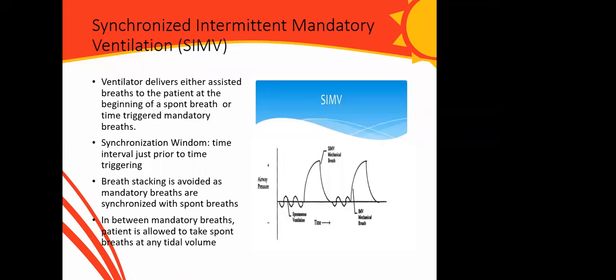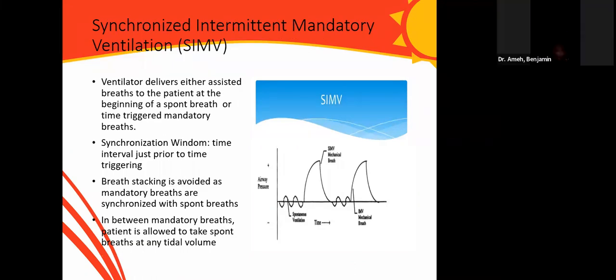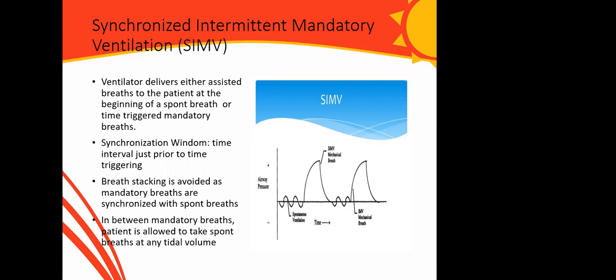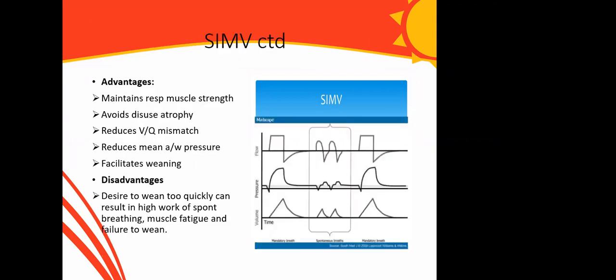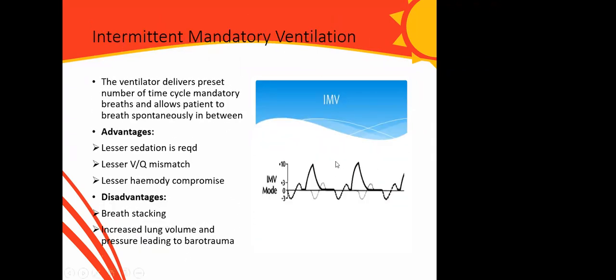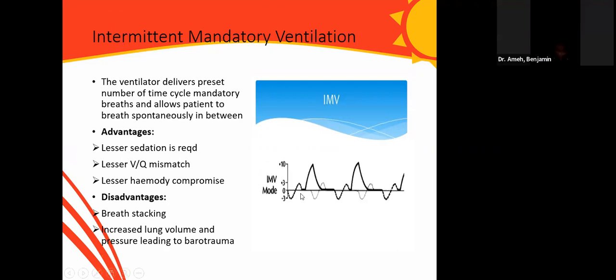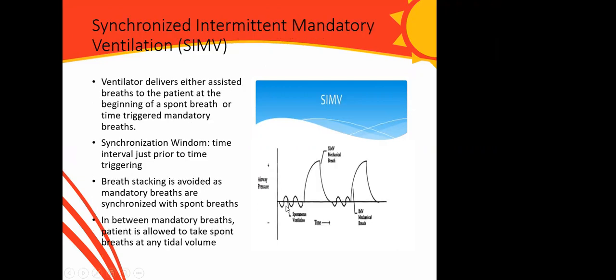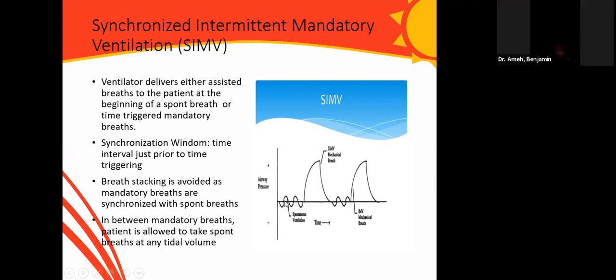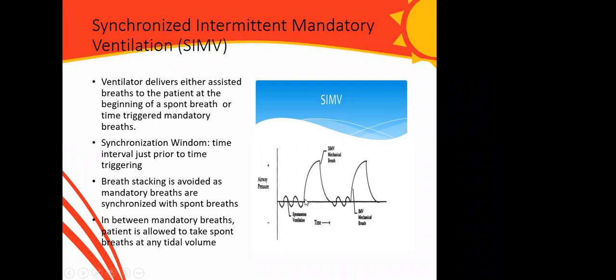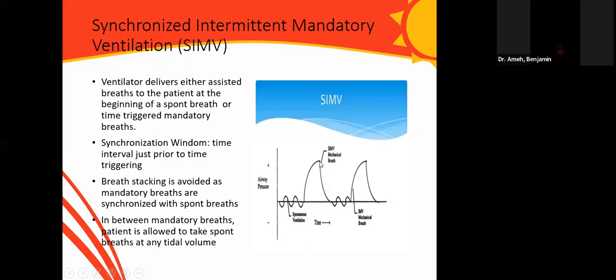In synchronized intermittent ventilation, look at it here: unlike the previous one that we saw, where there's no synchrony, here there's synchrony. The patient's breath and the machine breath are synchronized into one. This is the patient's spontaneous breath, and it synchronizes with the machine breath, so you can have your desired tidal volume.